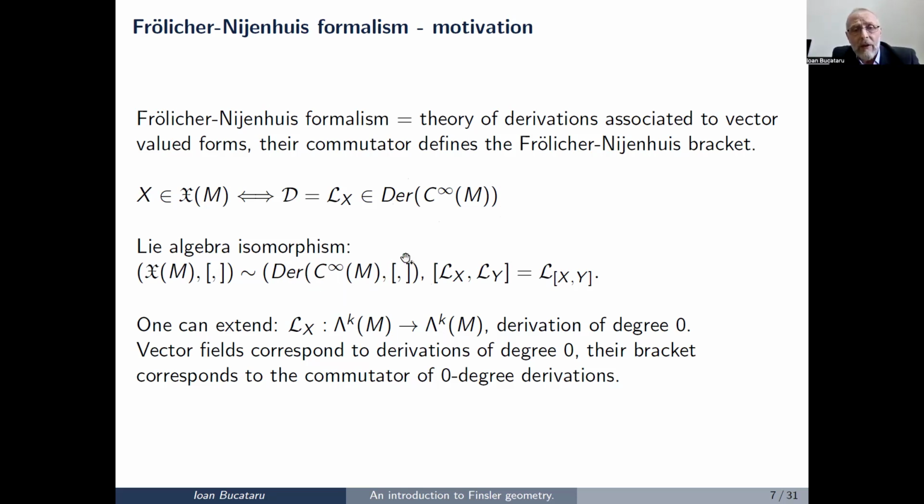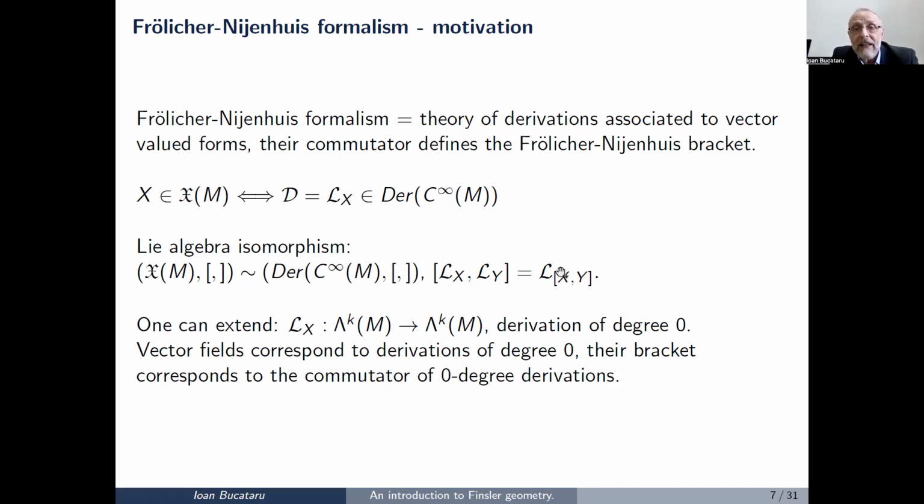So if you consider the set of derivations with the commutator, then with this isomorphism you can move the commutator onto the commutator of vector fields, and we actually get the Lie bracket.